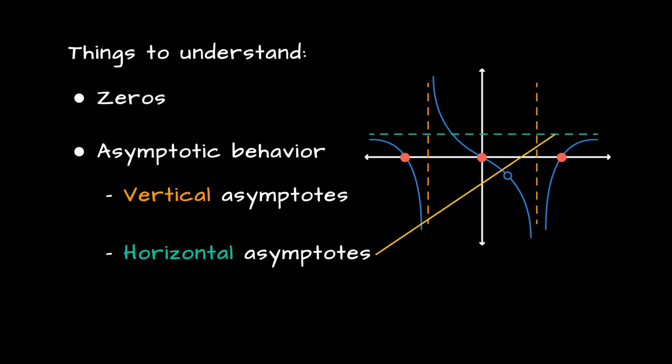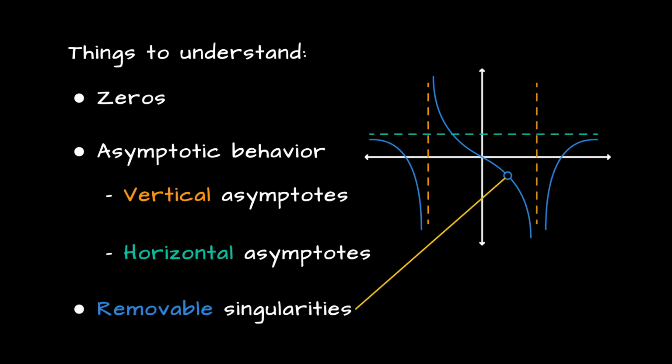The horizontal asymptote, on the other hand, is the green dashed horizontal line shown in the image. And it represents a value that the rational function approaches for very large values of x, if we go in either the positive or, in this case, in the negative direction.